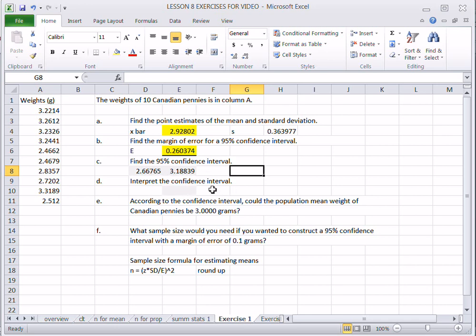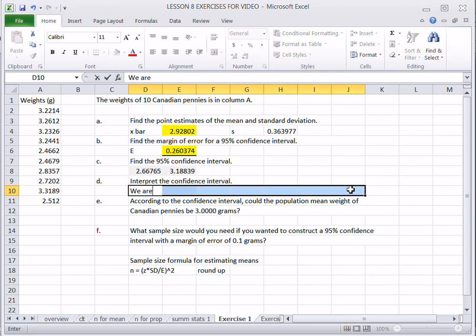3.18839. Now, to interpret the confidence interval, we're simply going to write a sentence that looks like this. We are 95% confident. Notice how we put our confidence level right in there.